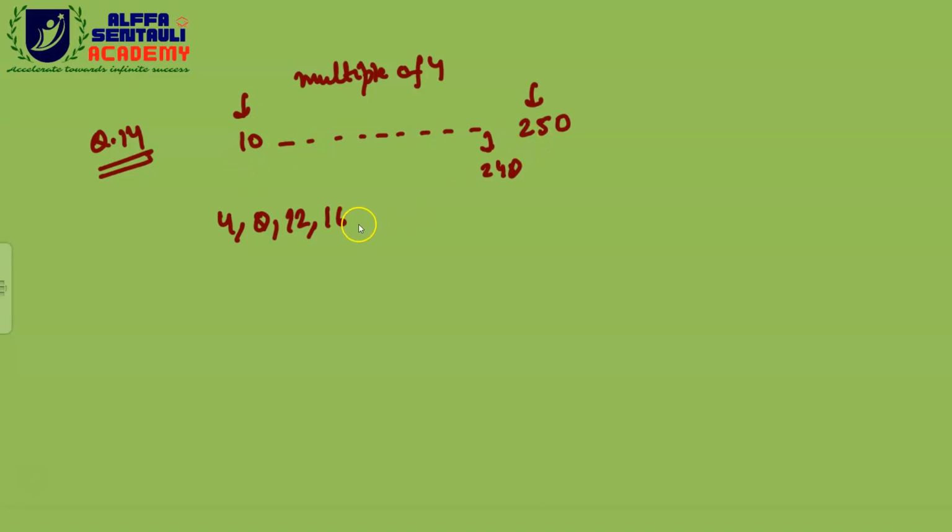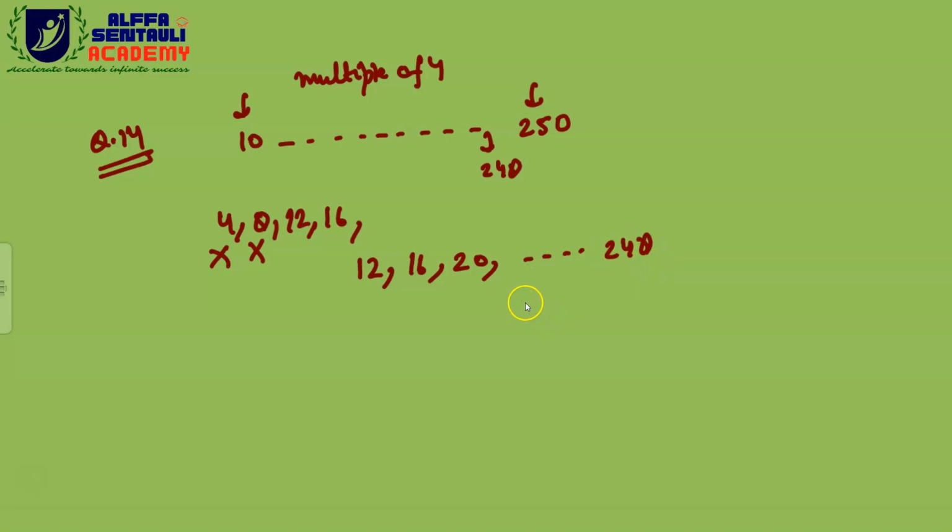So in between 10 and 250, this 4 will not come, 8 will not come. You have to take the series from 12 onwards. 12, then 16. Then how much? Then 20. Then this 250 will not come because 250 is not a multiple of 4. So the last number would be 248.